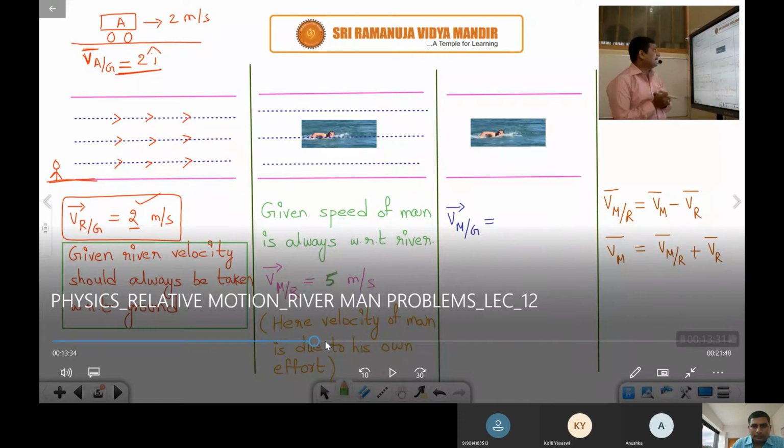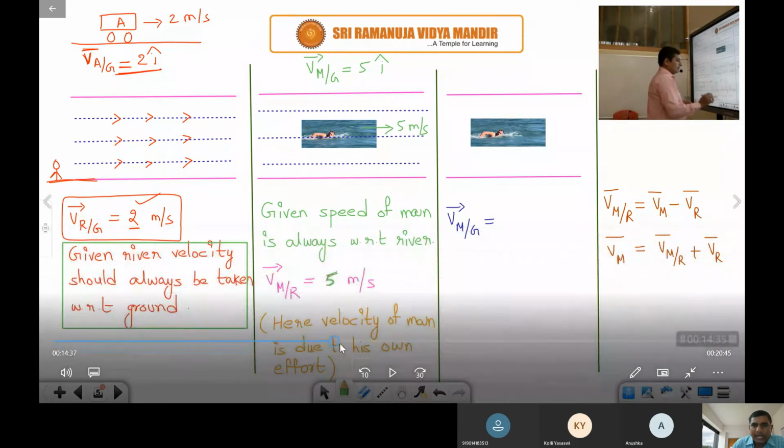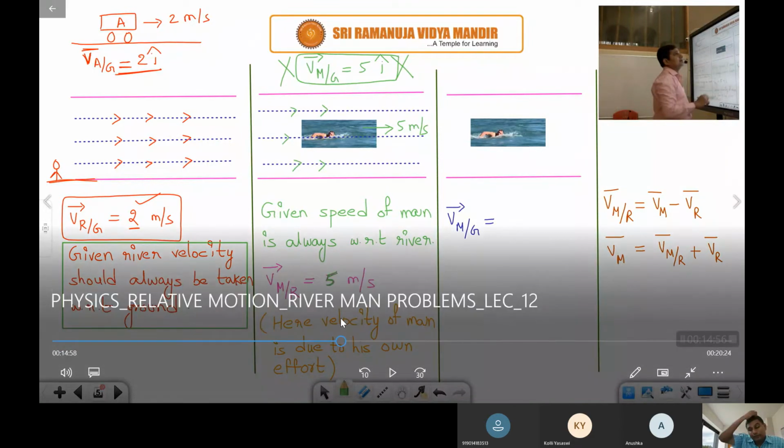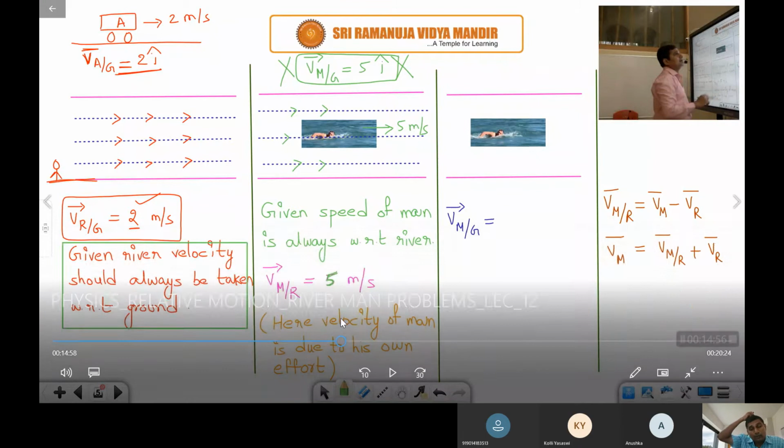Now in these problems, they'll also give us the man's velocity. Whenever they give man's velocity, we should not take it with respect to ground. Please remember. Although it is a given velocity, you should not get confused, because just now I told that all given velocities should be taken with respect to ground.